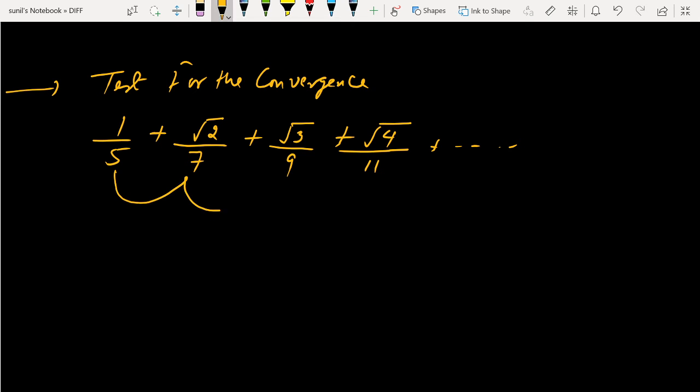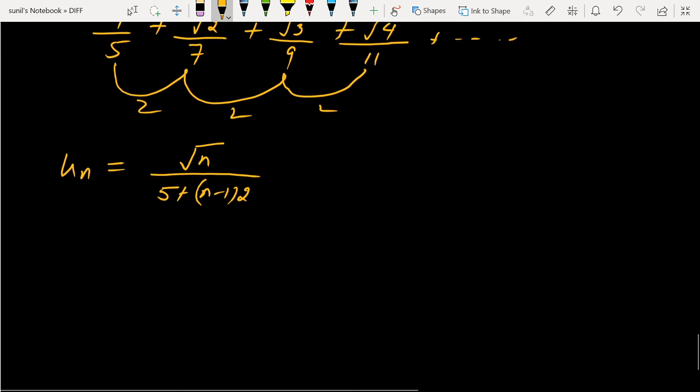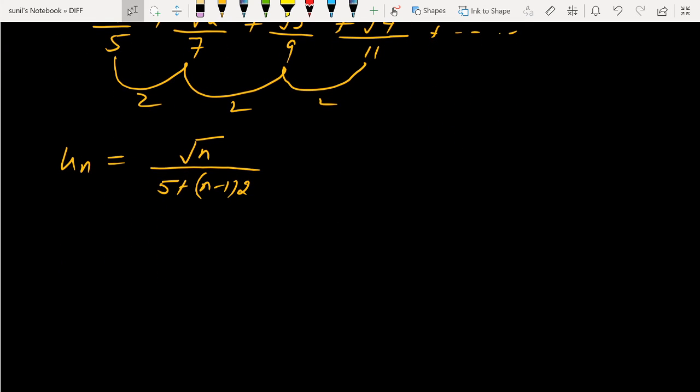Now 5, 7, 9 and 11 make an AP, with a common difference of 2. So you can say that your Un will be equal to root n upon 5 plus (n minus 1) into common difference 2. So we can write this as root n upon, it is nothing but 2n plus 3.